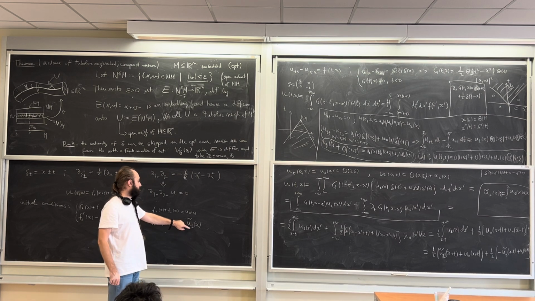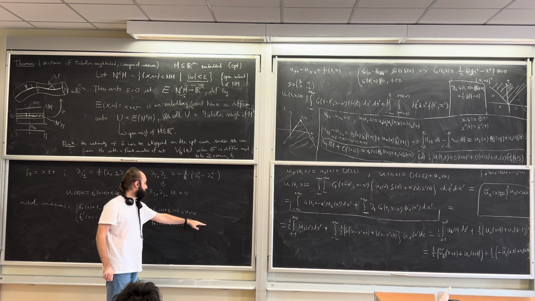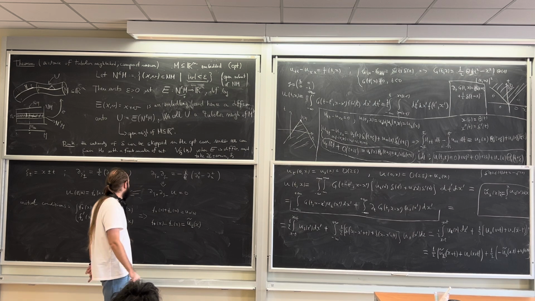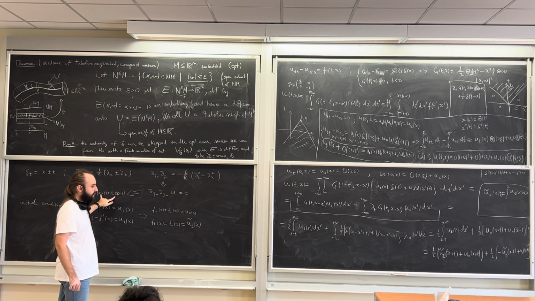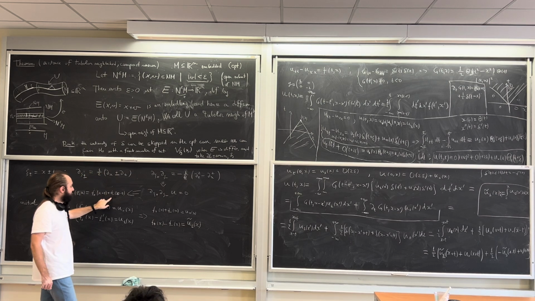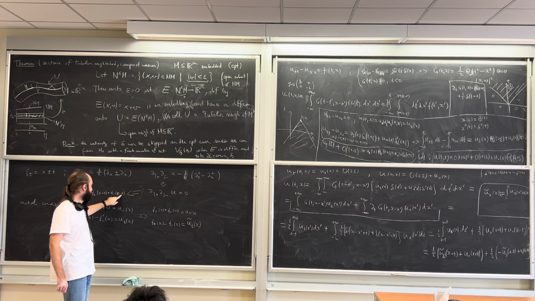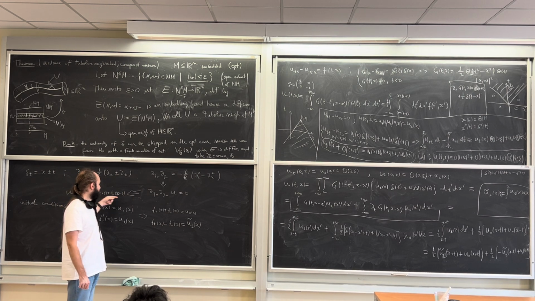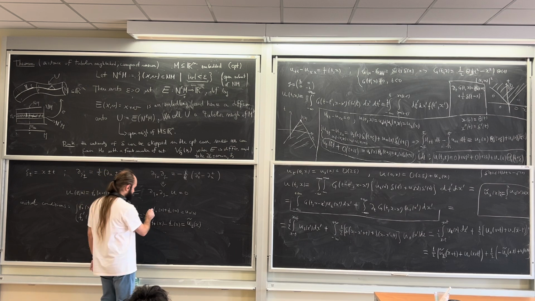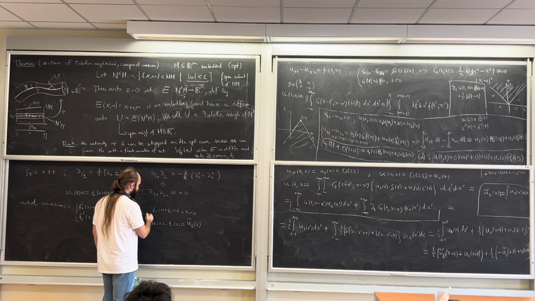So we see that it is actually not very well defined. It's defined up to a constant, but it's not a problem because these functions themselves, f plus and f minus, were defined up to addition of some constant and subtraction of the same constant from the other function, because a constant is both a function of x plus t and of x minus t. So that's not a problem.